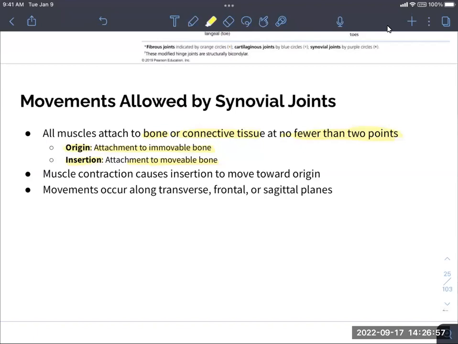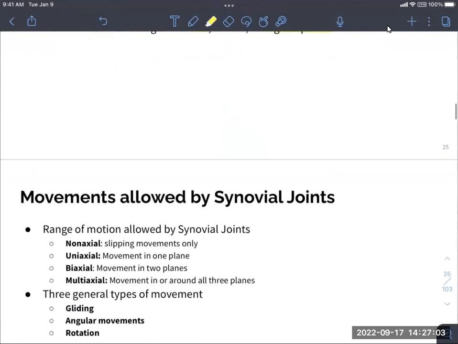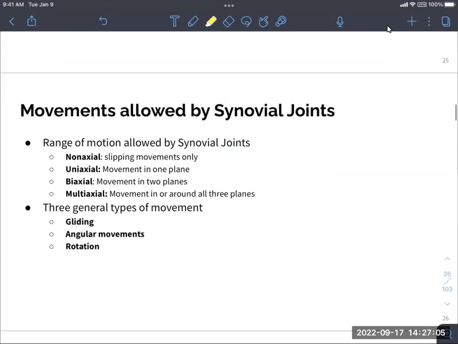So this lists the planes. It's either transverse, frontal, or sagittal plane that joints move in. So let's look at the different kinds of movement. We have non-axial, so they kind of just slide back and forth. We have uniaxial.